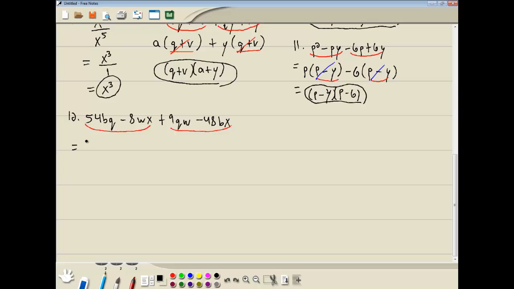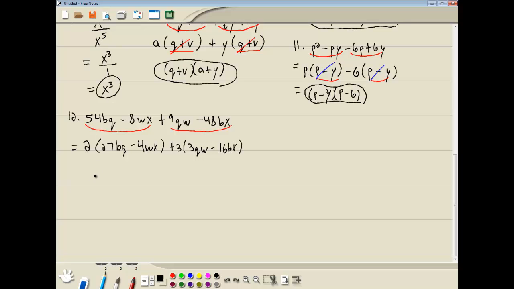I think this is one you have to rearrange. Let me see. We factor 2 out, and they have nothing else. So that's 27BQ minus 8WX. Now these are both divisible by 3, and that gives us 3QW minus 16BX. Did not work. So let's rearrange it.